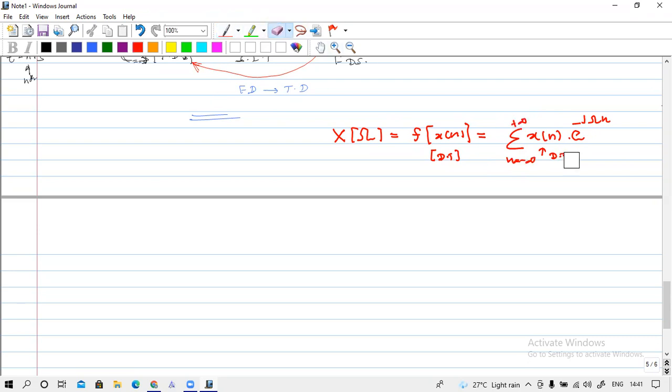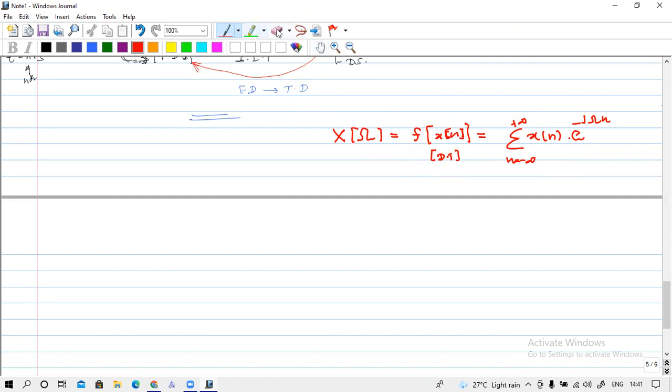So this is the identity or statement for Fourier transform. That means we have to convert this x[n] time domain signal into frequency domain signal X(ω). So this is the Fourier transform.